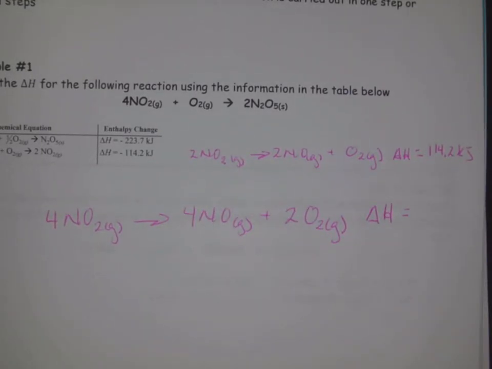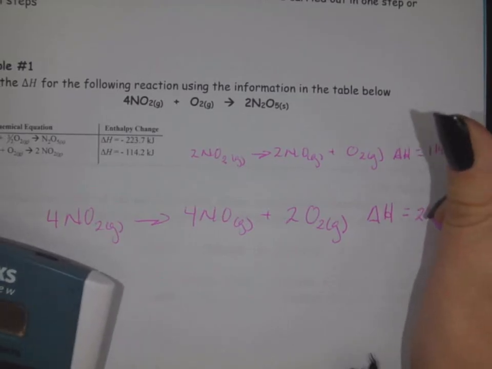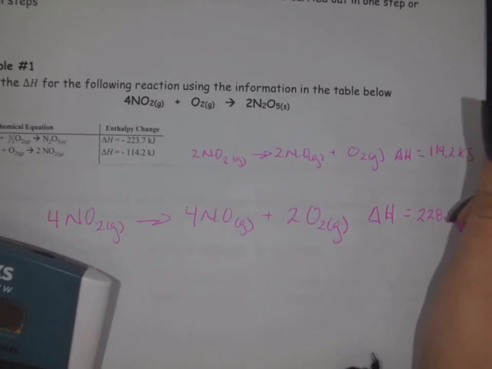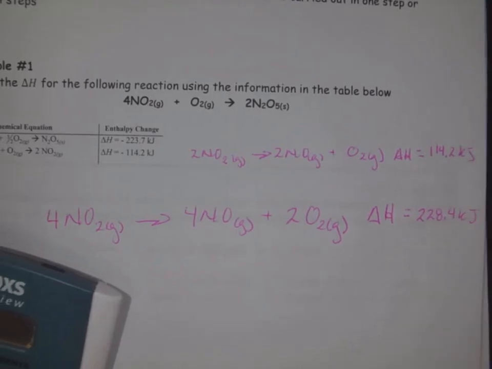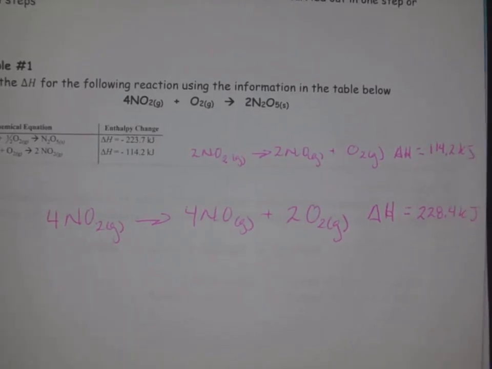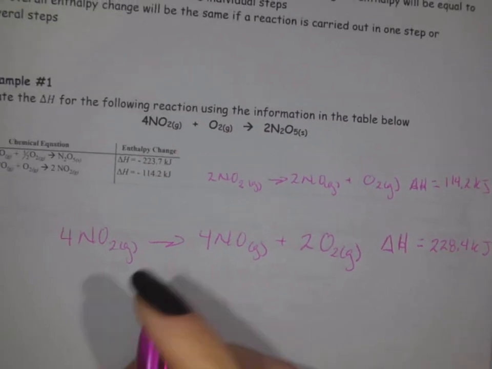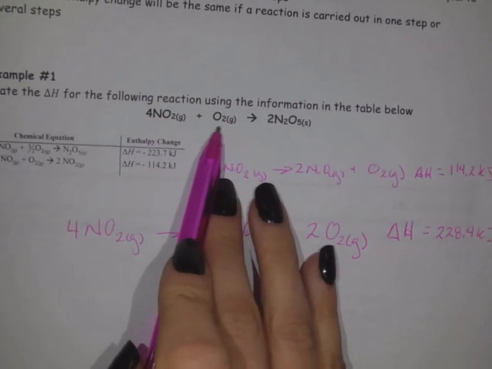So if I double that reaction, I have 228.4 kilojoules of energy that's going to be absorbed. Great. Now, what other reactants are there?